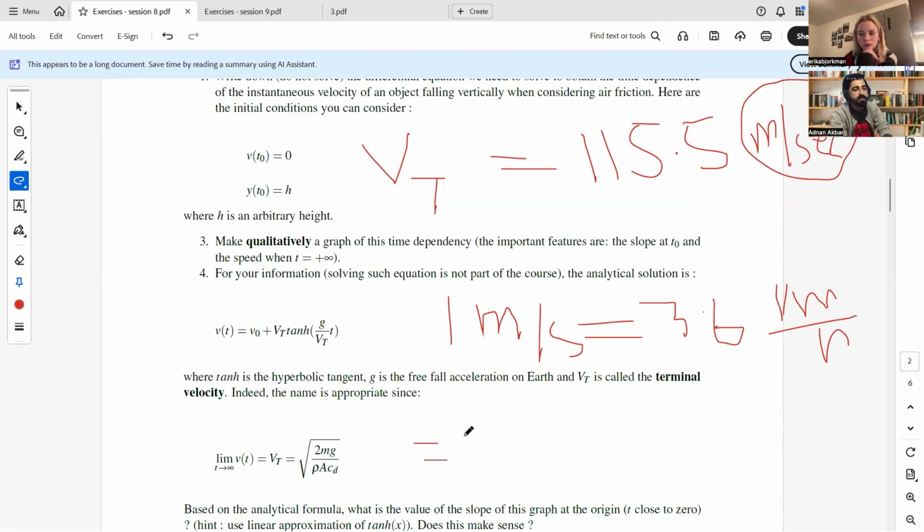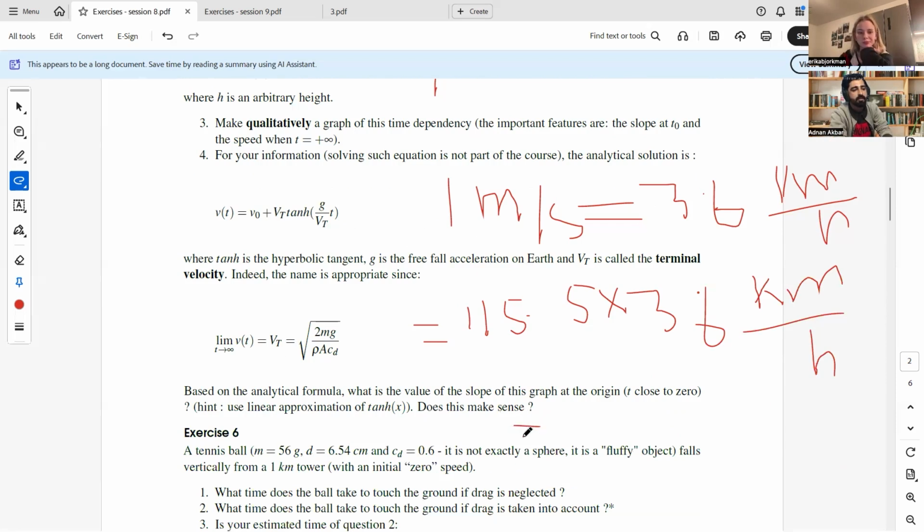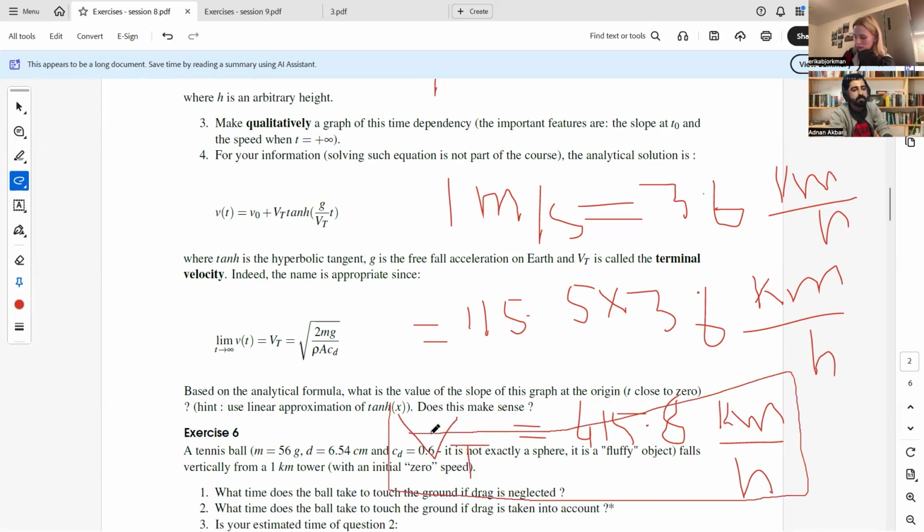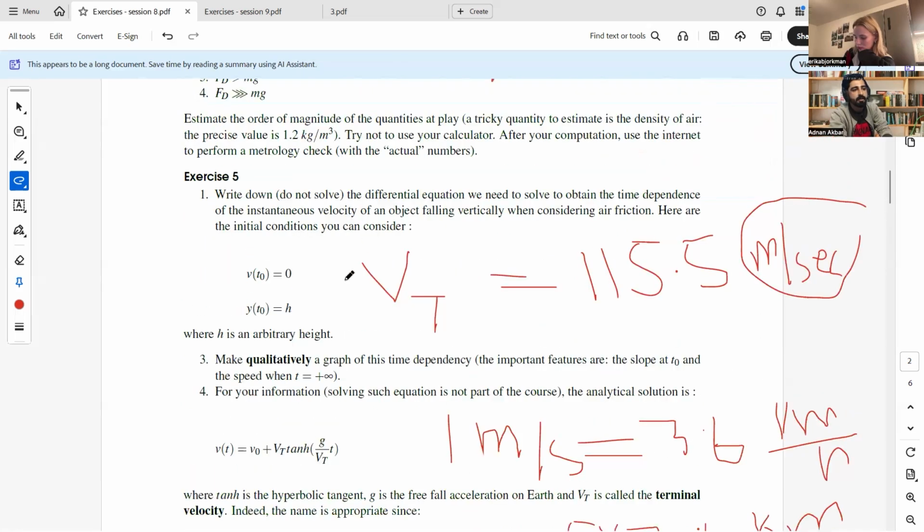Then our equation will become 115.5 multiplied by 3.6 kilometer per hour. As a result of multiplication, we have the value 415.8 kilometer per hour. So we have calculated the terminal velocity according to the given condition, first in meter per second and then in kilometer per hour.